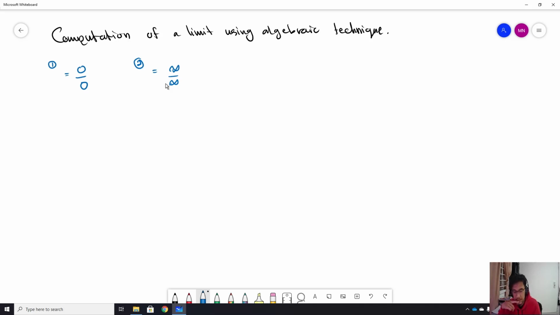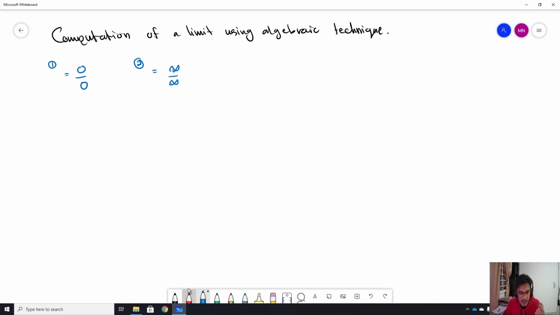Okay, maksudnya dua kondisi ni, 1 dan 2 ni tidak boleh berlaku di dalam kita punya jawapan untuk limit. Okay, ini dua ni adalah dilarang sama sekali. Okay, jadi ada cara untuk mengelakkan berlakunya 0 over 0 ataupun infinity over infinity di dalam limit.